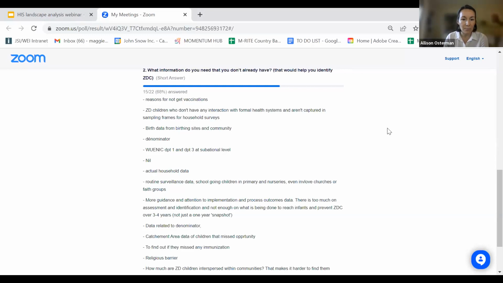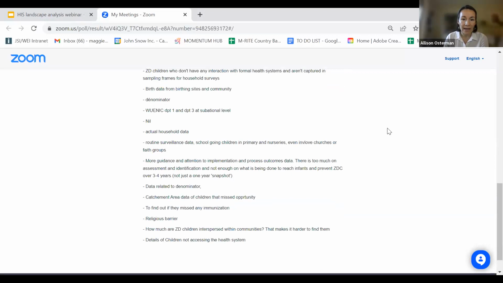That's great. Birth data, denominator data, actual household data, great. I see routine surveillance data, school children in primary and nurseries. Okay, more guidance and attention to implementation and process outcome data.